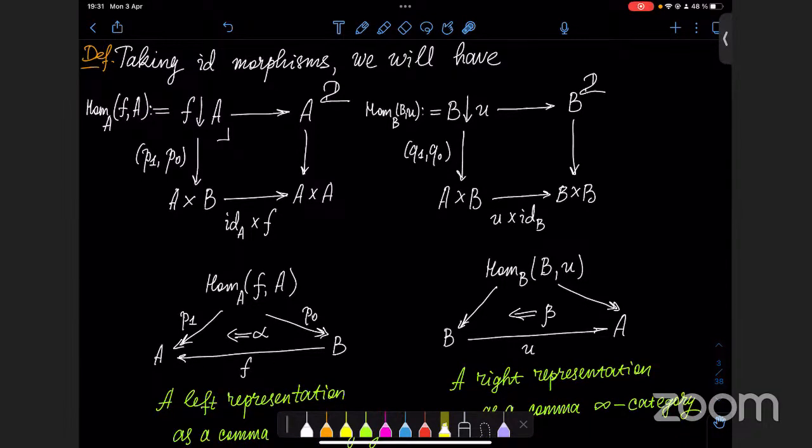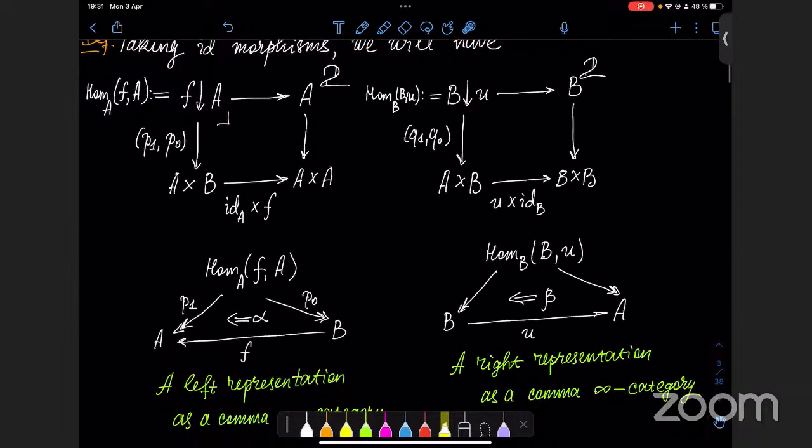In this case, we will have the following 2-cell. This 2-cell reduces to the triangle, and we can write down something like that, but of course we can reduce it, and we get a triangle.